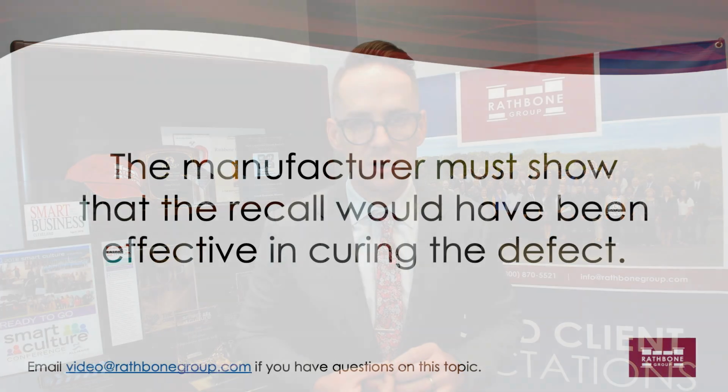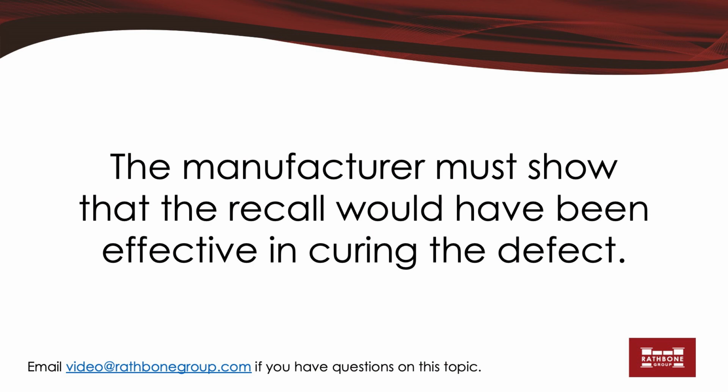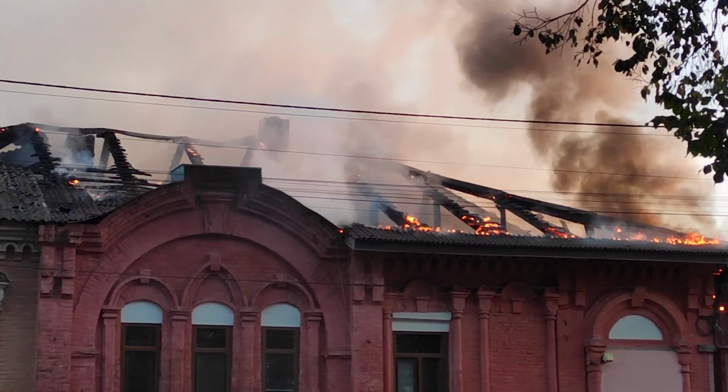But even if there is no dispute as to whether or not the recall notice was issued and whether or not the insured received it, the manufacturer still must show that the recall would have been effective in curing the defect that it was sought to address. So that specific recall notice would have had to have cured whatever it is that eventually goes wrong with the product, whether it be a fire or, in the case of plumbing, a flood, something like that.